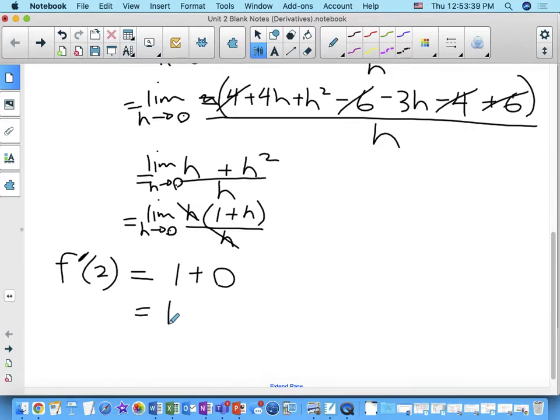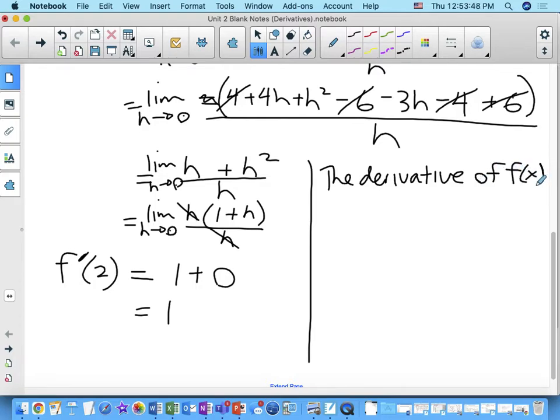So there's a number of ways that we can interpret this. The derivative of f of x when x equals 2 is 1. The slope of the tangent line of f of x when x equals 2 is 1.